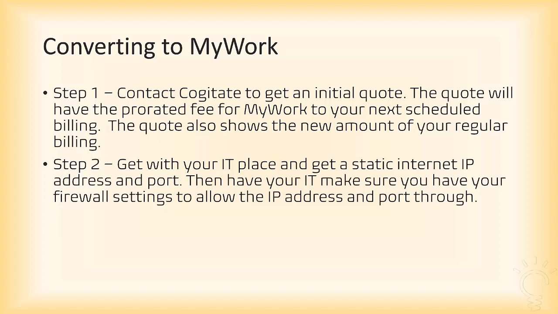So then the second step is getting with your IT place to get a static internet IP address and port. I'm going to cover that in a little more detail in a minute, so that you have an understanding of what it is and have a better chance of asking for the right thing. Then make sure your IT is either on call or has the firewall settings to allow that IP and port to pass through.